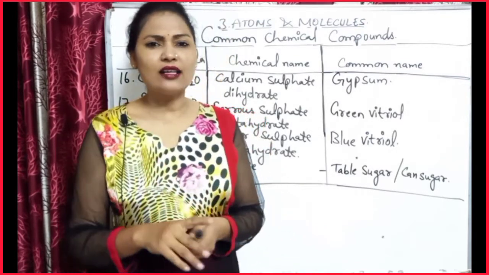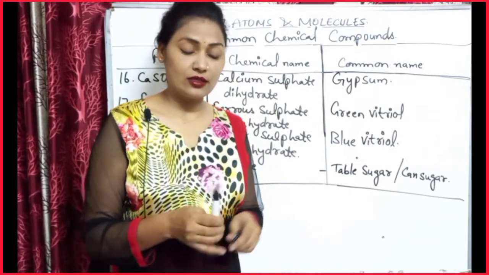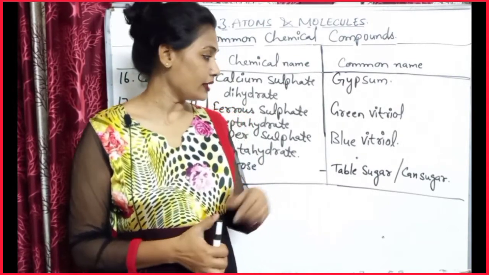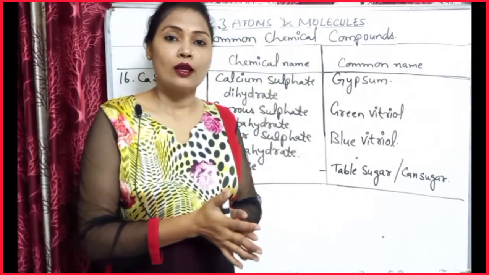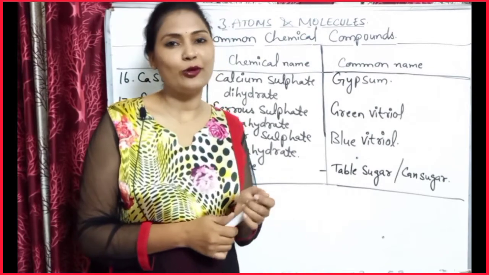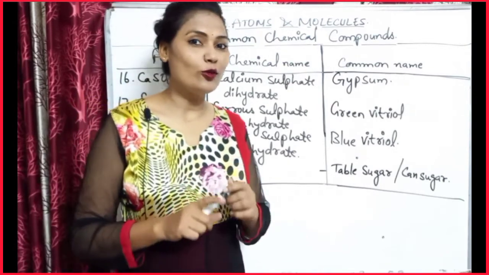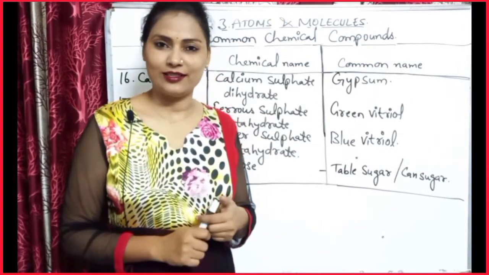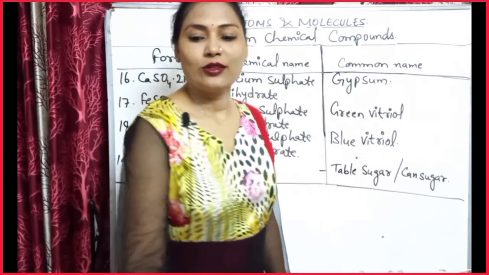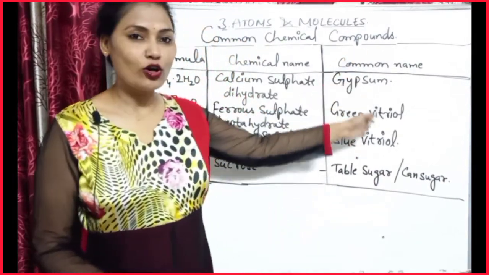So these are the common things that you should be aware of. I think you can learn these formulas easily, and if you learn them, then you can solve these easily also. You know what the formula of glucose is? Glucose formula is C6H12O6. Okay, so please learn these formulas along with their common names.